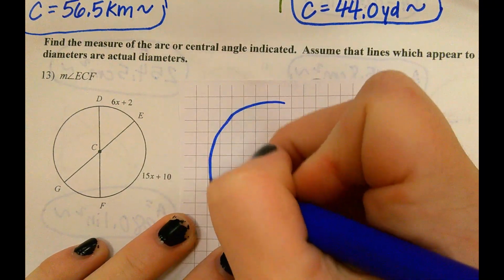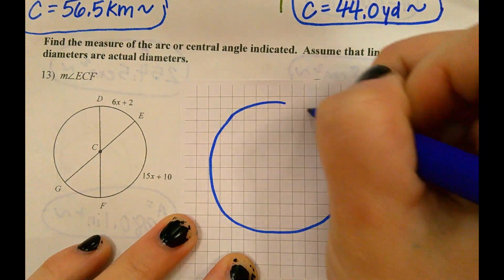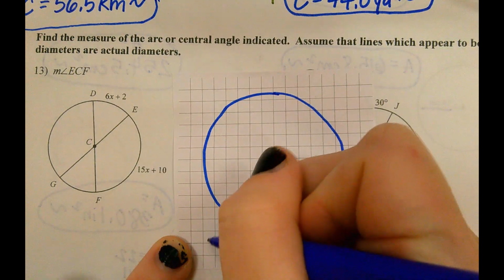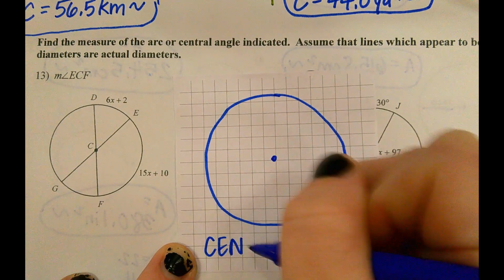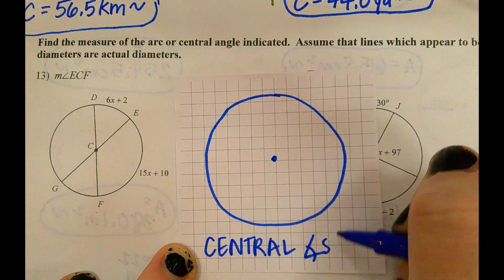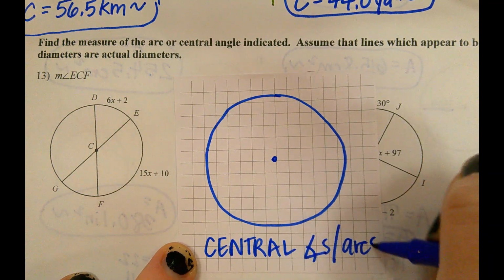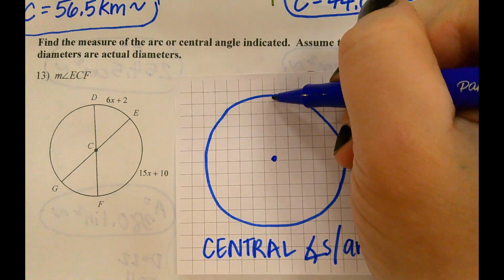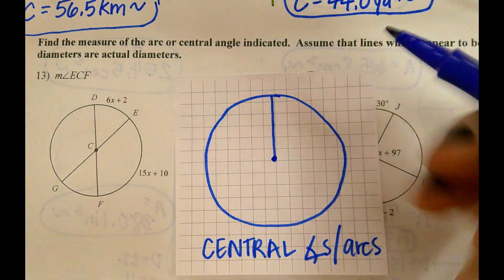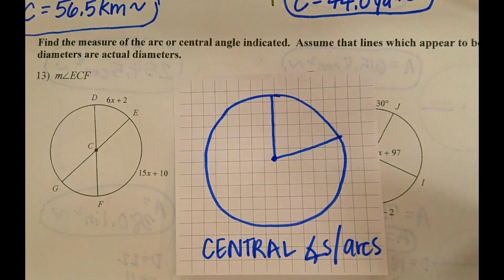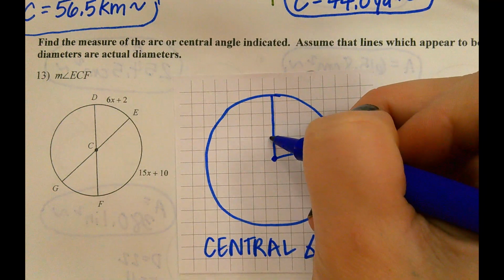So just to draw a diagram to explain that, I'm going to write down here central angles and arcs. If I have a circle that has an angle that comes from the center, first of all, that is a central angle.